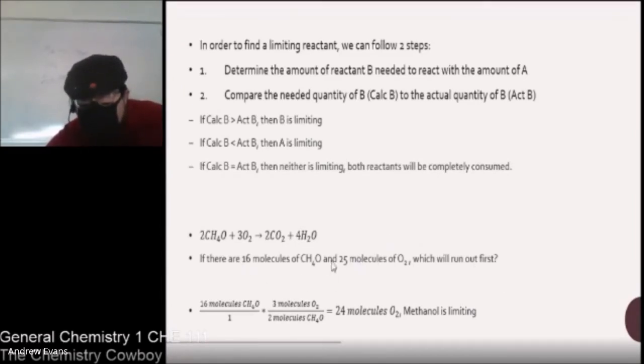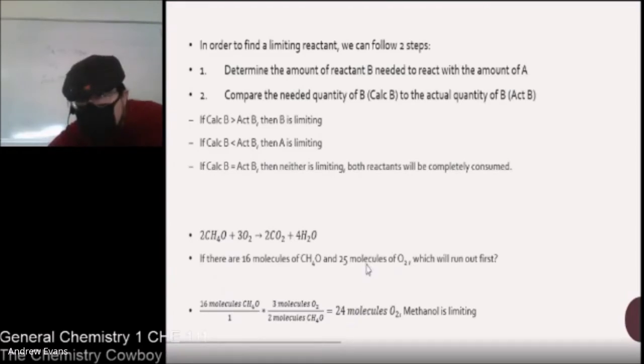Well, I could convert oxygen to methanol, or I could convert methanol to oxygen like I do down here to find out which one is limiting. In this case, 16 divided by 2 times 3, you got 8. 8 times 3 is 24. 24 oxygens would be used up.